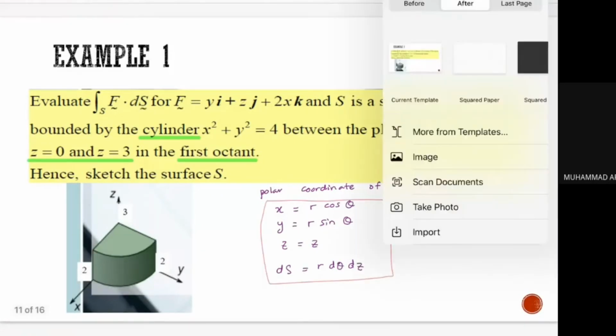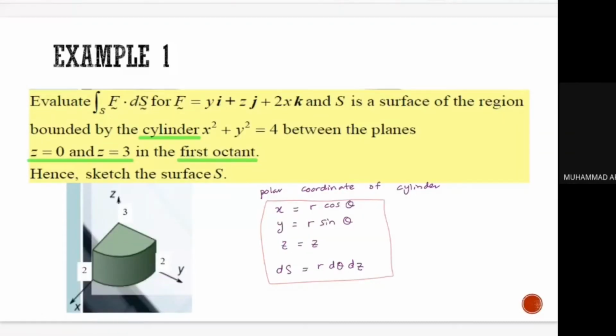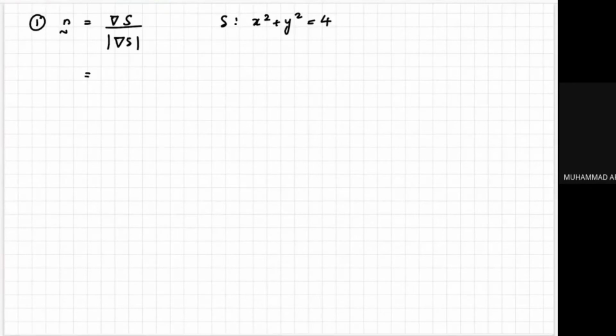Okay, let's solve this. The first step is to find your n. So n is equal to del S over magnitude del S. In this case, your S is x squared plus y squared equal to 4, the surface of the region bounded by the cylinder F. So your n will be del S del X, del S del Y, del S del Z over the magnitude.